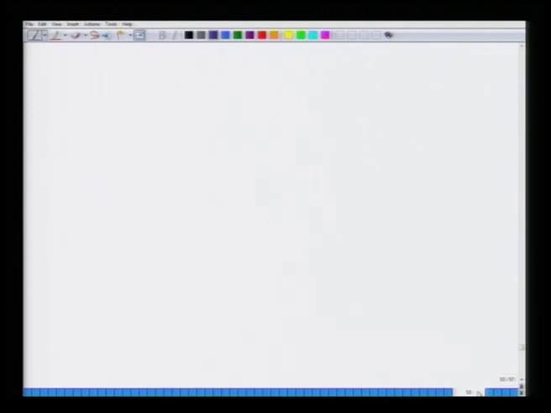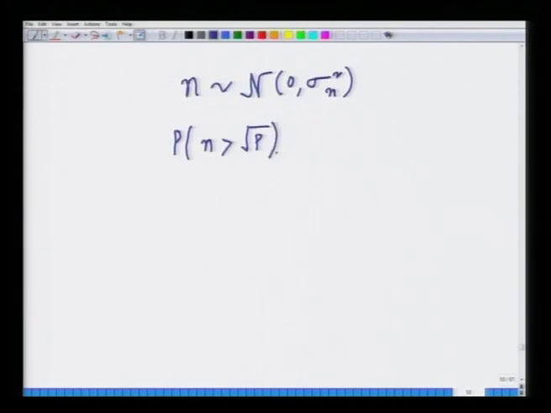All right. Now, n, let me recall for you, is distributed as normal, that is, n is additive white Gaussian noise with mean 0 and variance sigma n square. So, now I want to find out the bit error rate, which is simply the probability, as we saw in the previous page, that n is greater than root p.